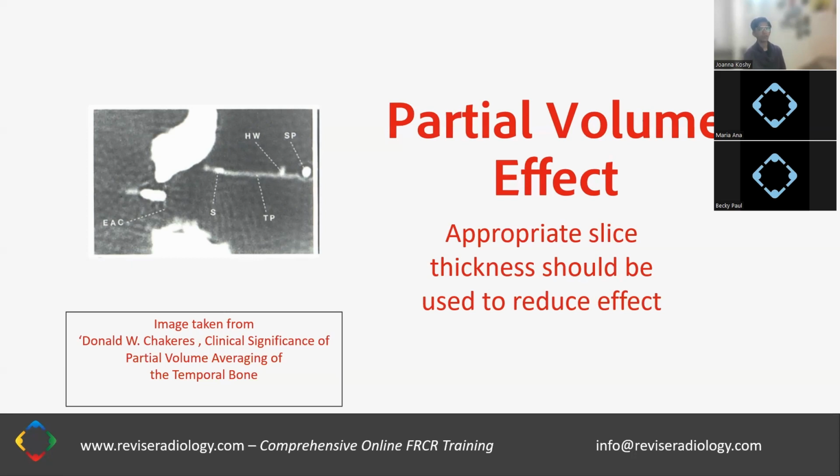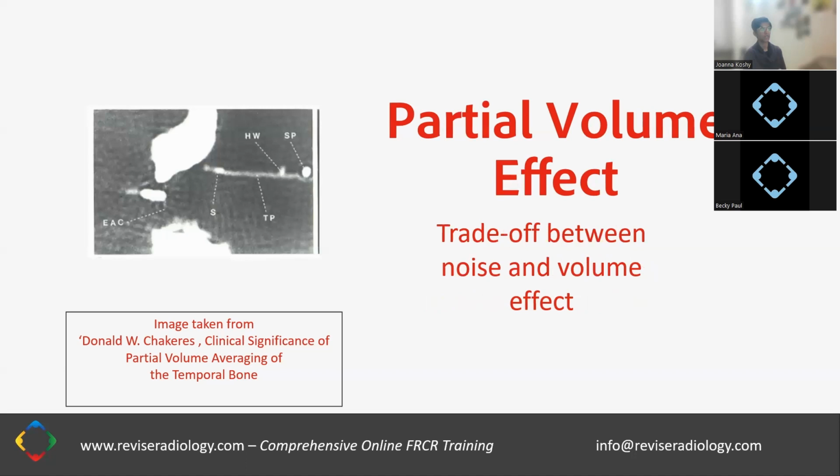So how do we reduce the partial volume effect? We have to make sure that appropriate slice thickness is used, depending on the size of the structures that we're interested in, or the structures of interest. We know that as the slice thickness decreases, the image noise actually increases. So when we are trying to reduce the partial volume effect by reducing slice thickness, there's a trade-off between the noise.